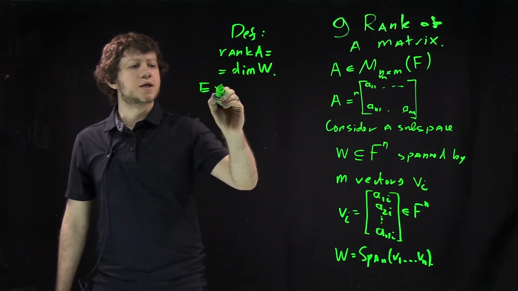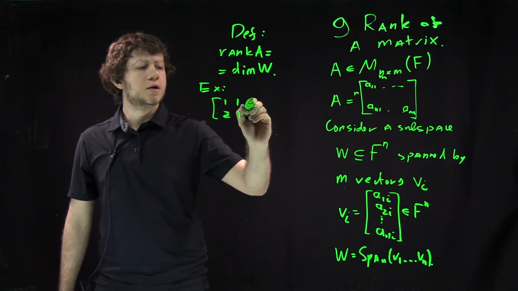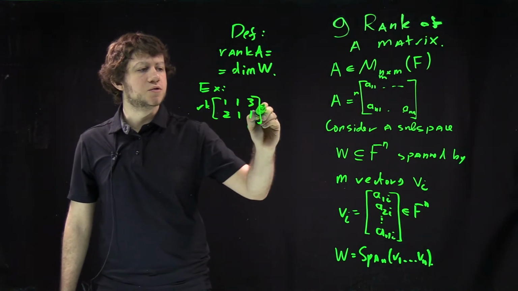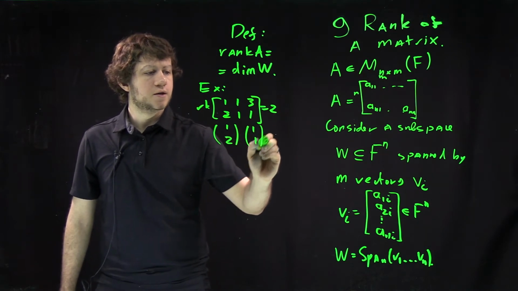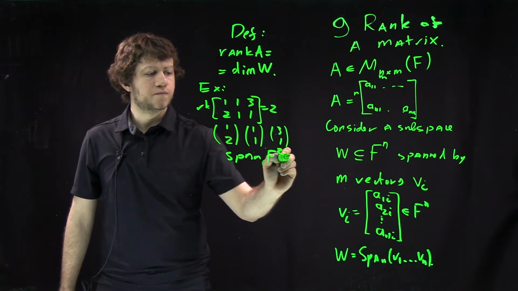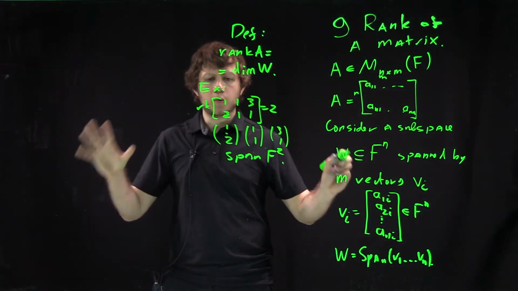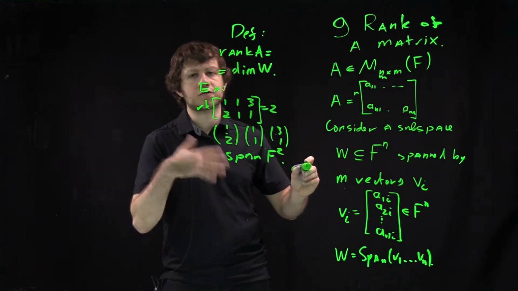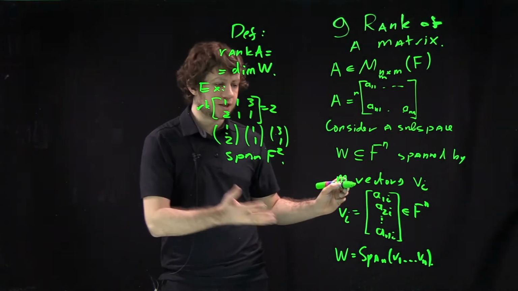For instance, if you take a matrix like (1, 2, 1), (1, 3, 1), then the rank of this matrix equals 2, because the vectors span F^2. I mean, these two, for instance, form a basis. Remember in homework there were questions like: here are 3 vectors, find the dimension of the space they generate inside your big space. That's exactly what the rank of a matrix does for you.